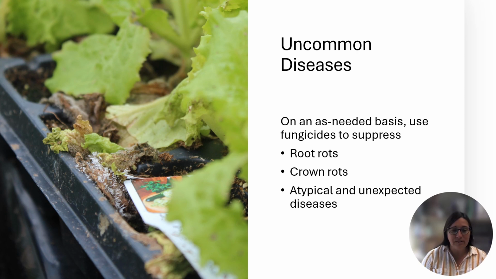There are exceptions, of course, not enough time today, but suppressing disease would be the function of a fungicide once an outbreak occurs. But more importantly, our goal would be to protect healthy plants nearby, maybe another batch or another cultivar or another type of plant nearby. So you would use fungicides that way if disease occurred and then you became reactive to the situation.